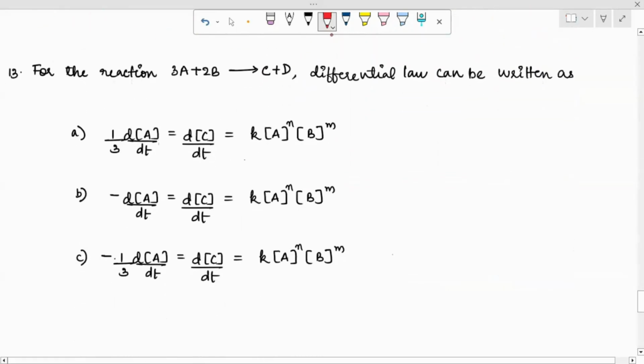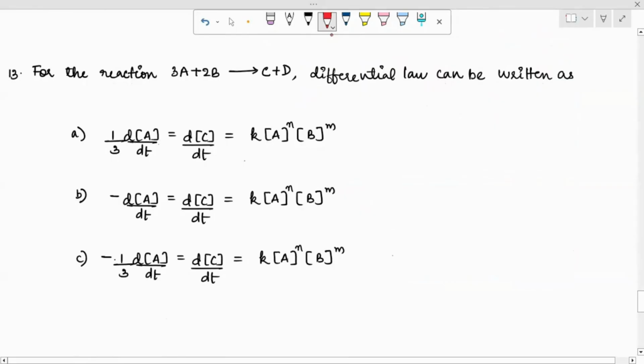Okay. Question number 13, very easy. What is the differential rate law expression for the given reaction? Easy. So first of all, in option A, which is a reactant which disappears, minus is not there, option A is wrong. For B, minus is still there, but then this is the rate of the reaction.